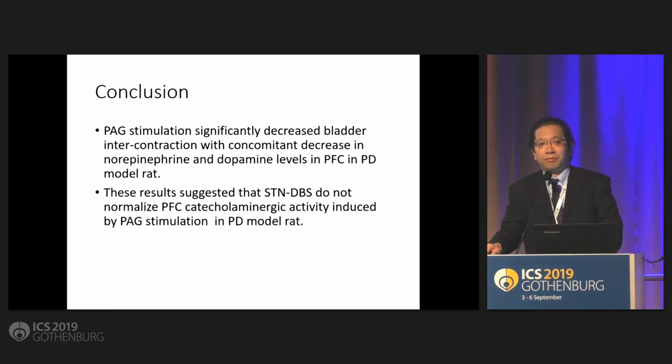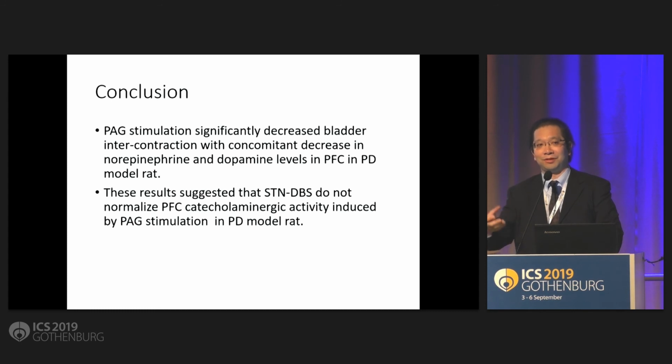Yes. Actually, a recent paper from Hokkaido University has some changes in pharmacological treatment of the PFC in serotonergic drugs actually reduce that overactivity. So next, we are now undergoing the direct injection of serotonin to PFC.